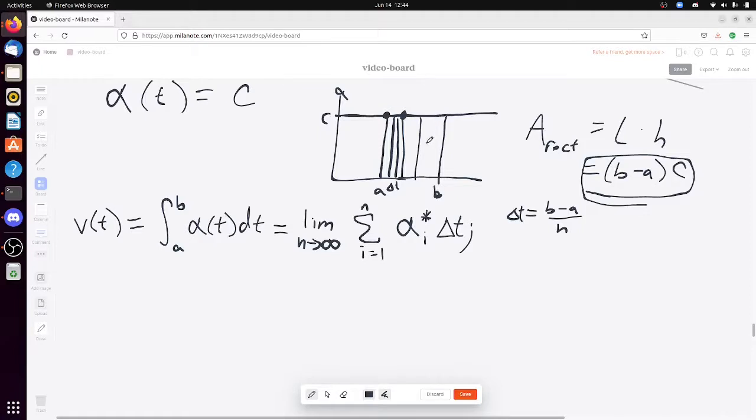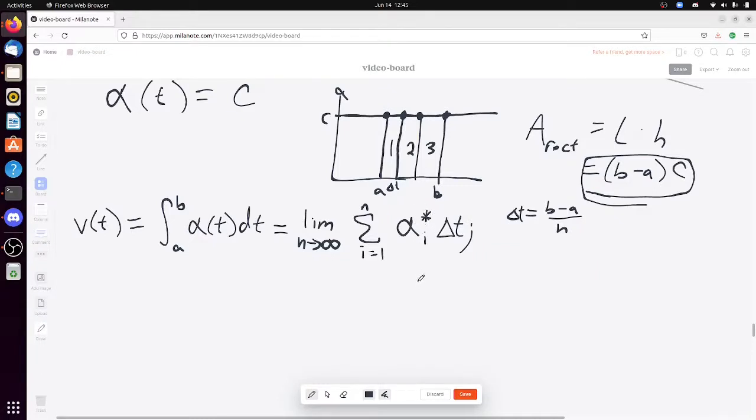Let's go back to working with 3 partitions: first partition, second partition, third partition. It doesn't matter what value you choose between the left and right points. The value is going to be c because the function doesn't change. So in this particular case, things are actually easy.